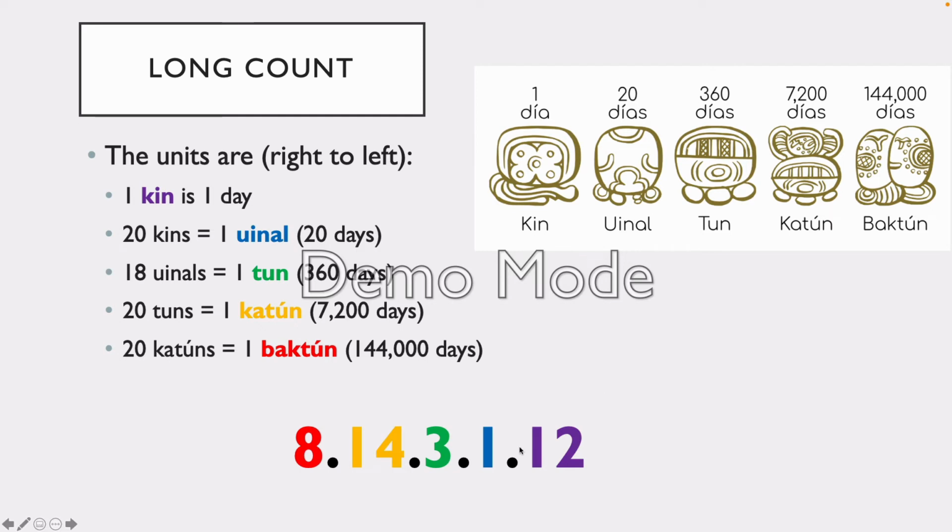So you have 1 kin, or in this case 12 kins, is equal to 12 days. 1 unal, which is 20 days, 3 tuns, and each tun is equal to 18 unals, 14 katuns, which is equivalent to 20 tuns, or 7,200 days, and then finally 8 baktuns, which is equivalent to 20 katuns, or 144,000 days. And so you can see some of the glyphical symbols for each of these words within the Mayan language. But this is the notation we tend to use within archaeology.